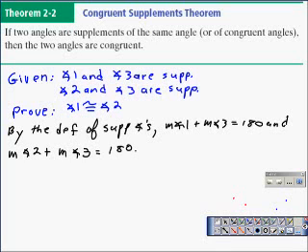Similar to proving Theorem 2.1, we should recognize that in these two equations the sum of the measures of the angles is equal to 180. So we'll be replacing the 180 in the first equation with the measure of angle 2 plus the measure of angle 3.